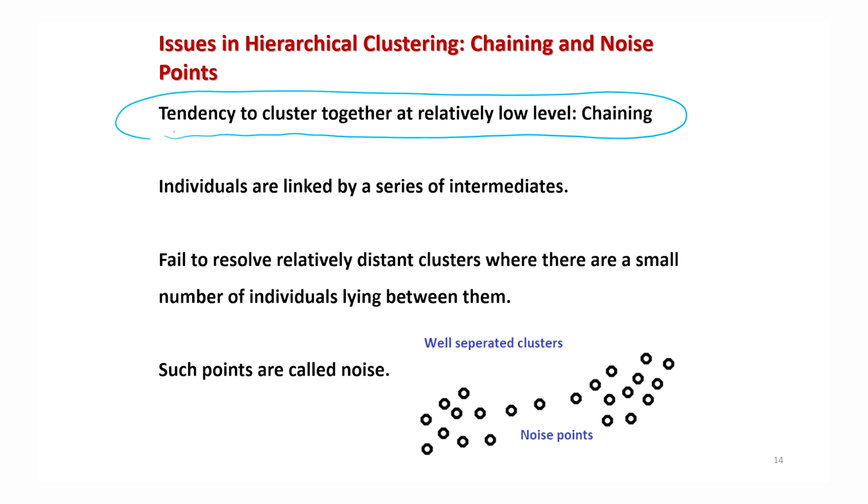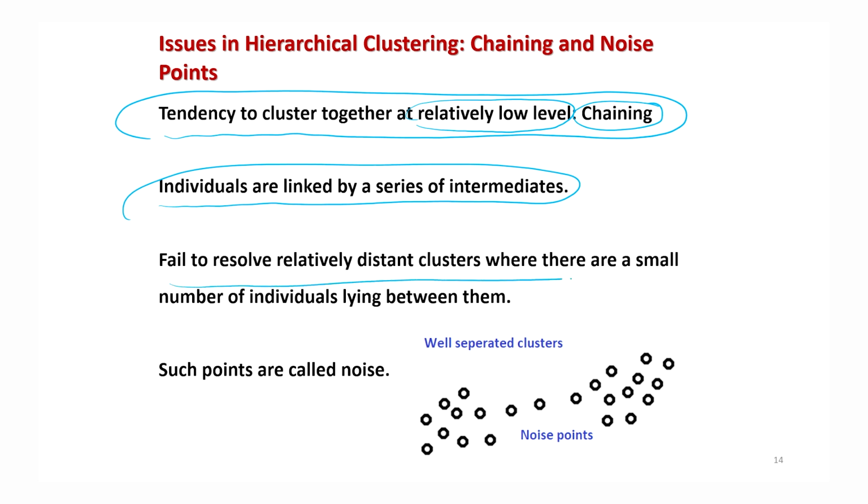When you cluster units that are quite similar to each other, the tendency to get closer together is relatively low, right? So all the units are becoming more similar within a cluster, and this is called screening. In this case, individuals are linked by a series of intermediates, and they fail to resolve relatively distant clusters where a small number of individuals lie between them. And such points are called noise.